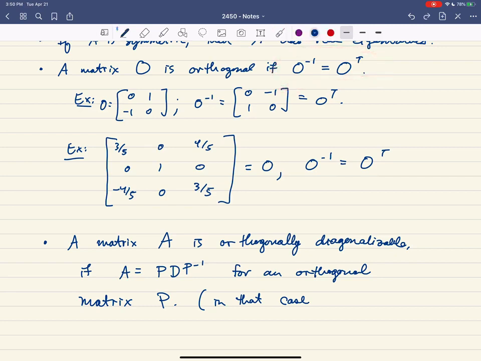So in that case, A can be written as P times our diagonal matrix D times P transpose, because the inverse and the transpose are equal.